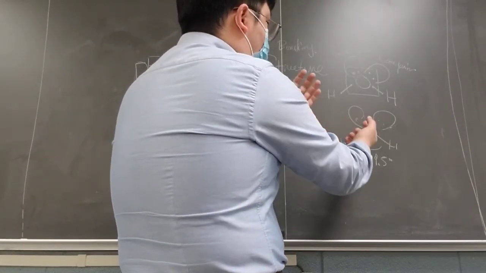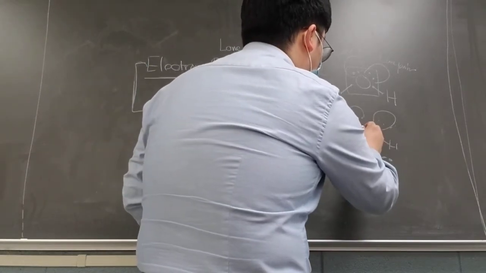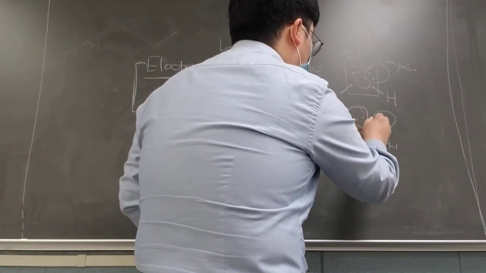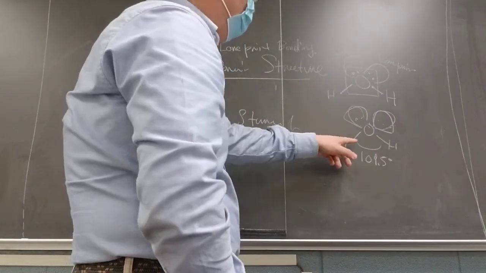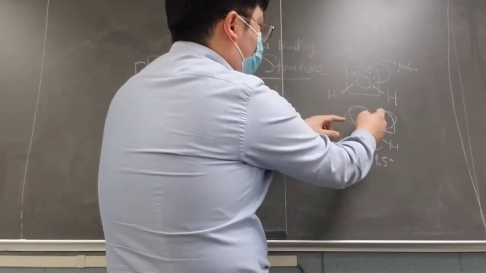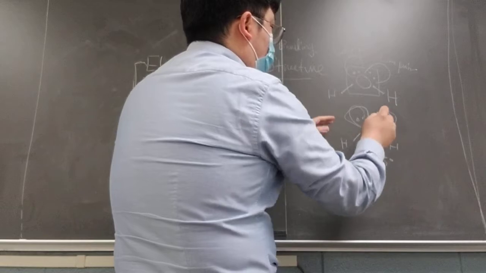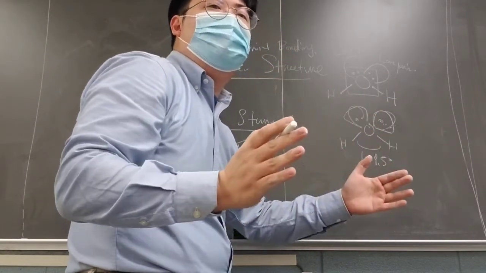But it's not bonding, so it makes sense that they take a bigger space, a wider portion. Anyway, the lone pair will take bigger space than the regular bonding. That's the general rule.